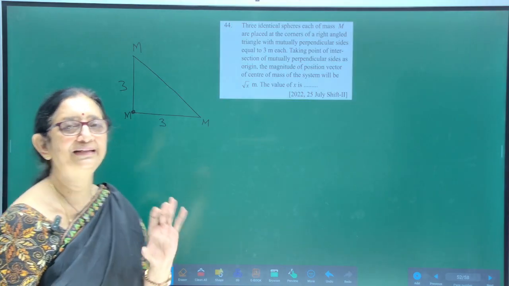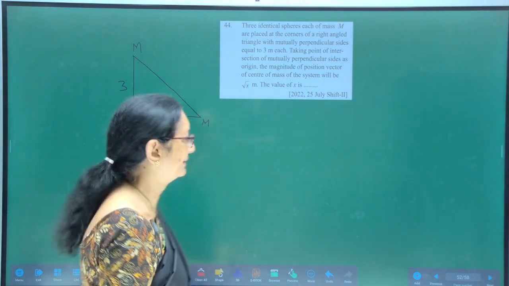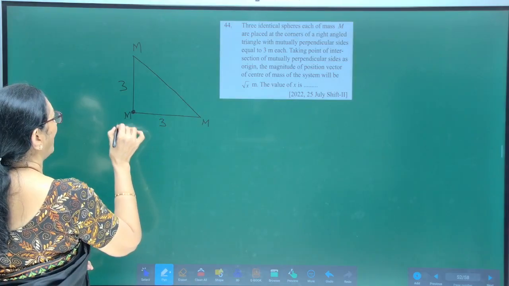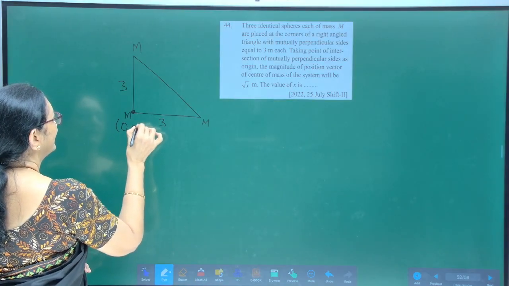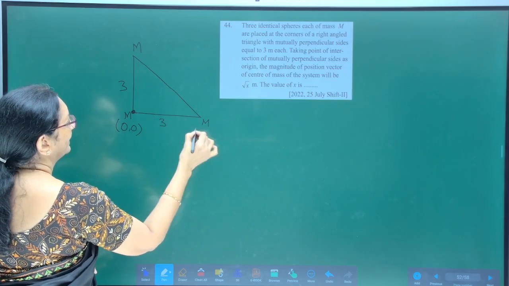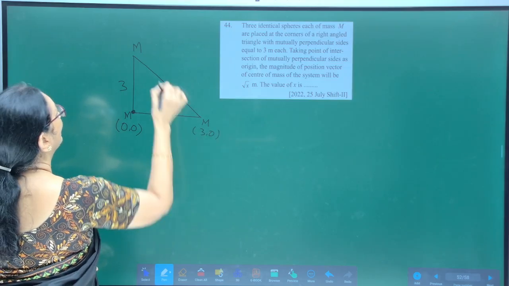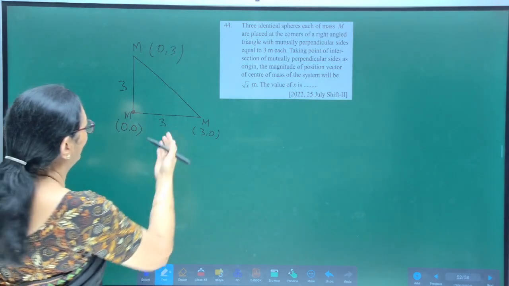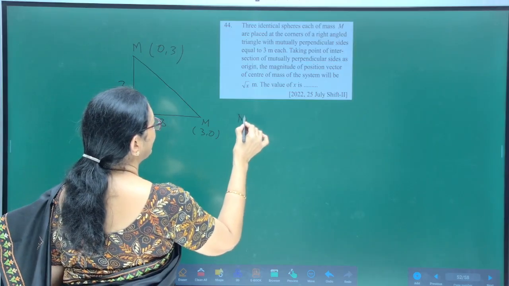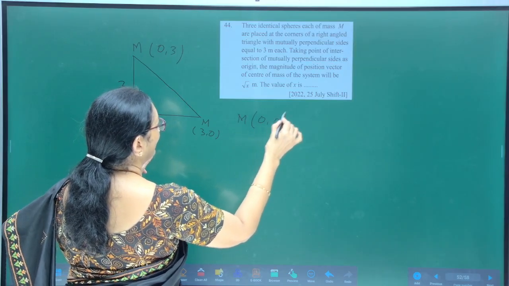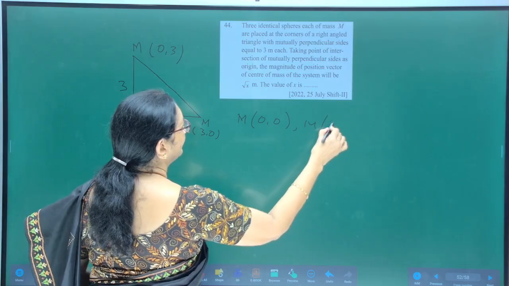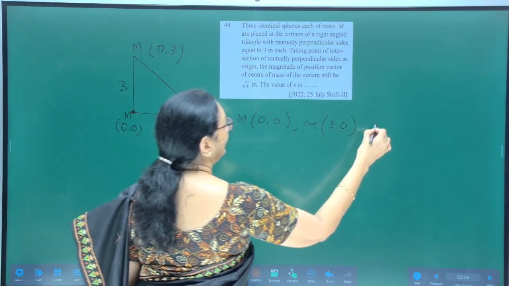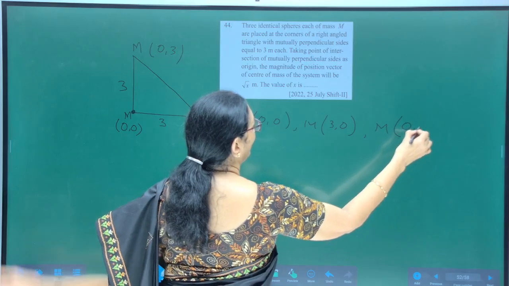Let us write the coordinates of the 3 particles taking this point as the origin. This becomes 0, 0, this becomes 3, 0, this becomes 0, 3. So, if you write the coordinates, it will be like this: m 0, 0, m 3, 0, m 0, 3.